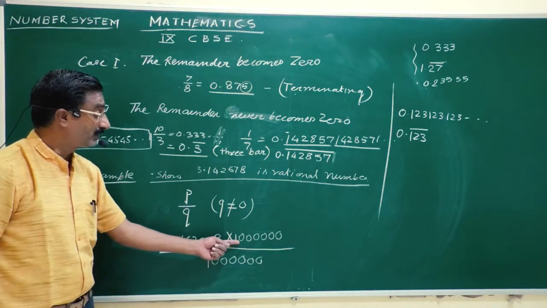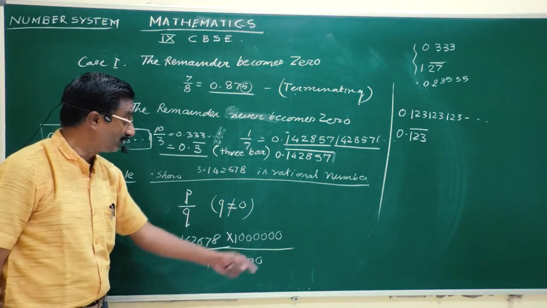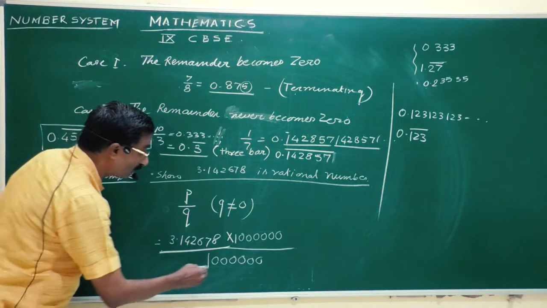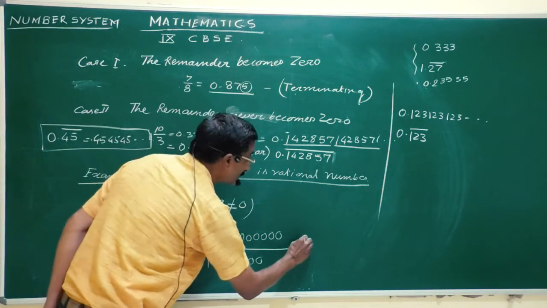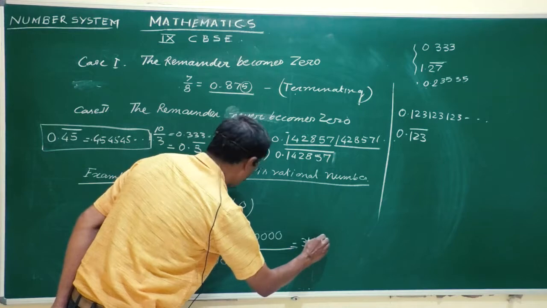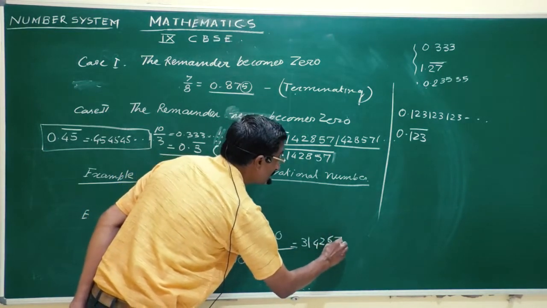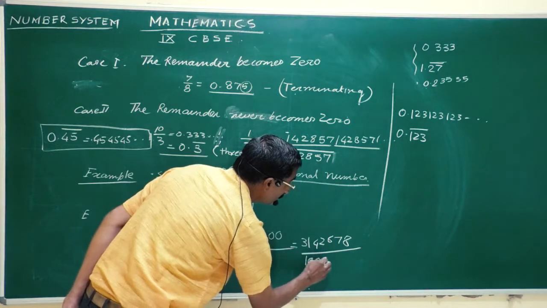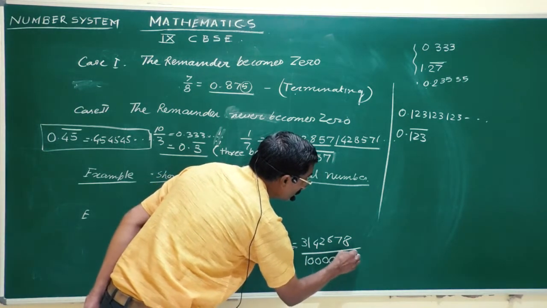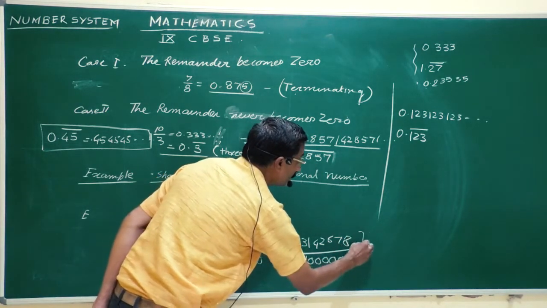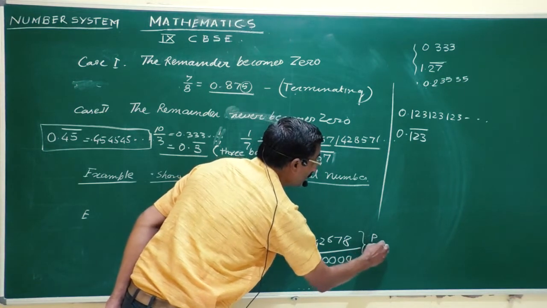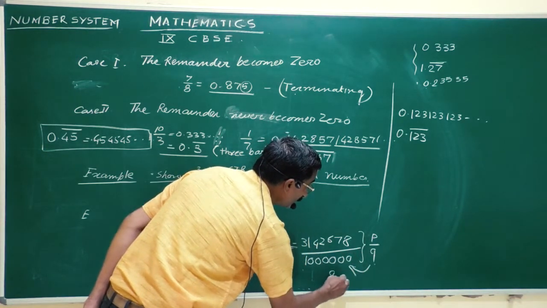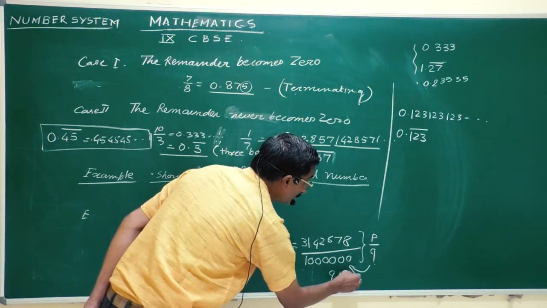So what we get here is 3142678 divided by 1000000. Now this is in terms of P by Q. You can see here that Q is not equal to 0.